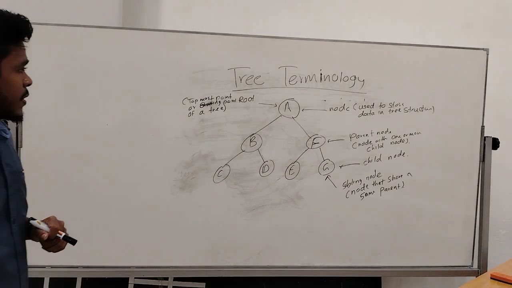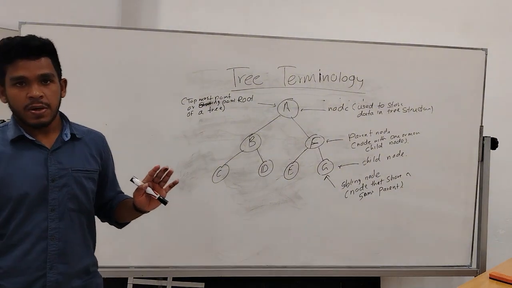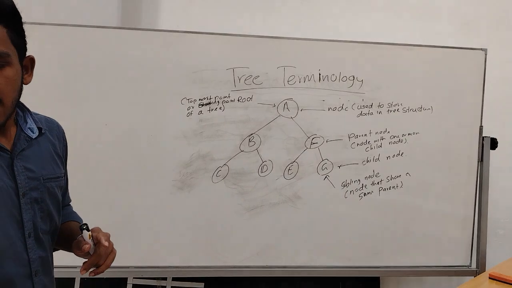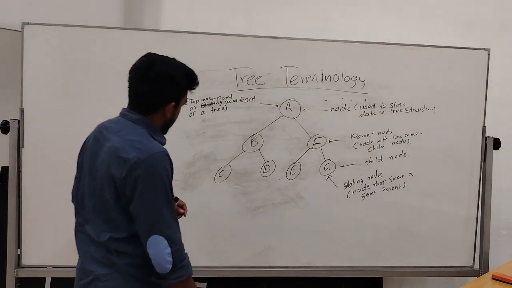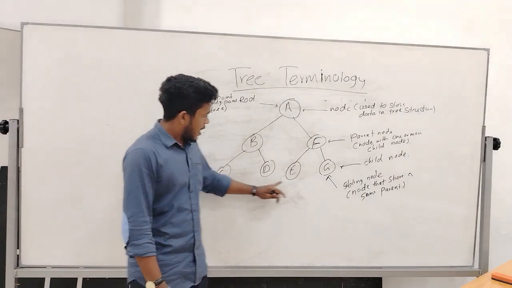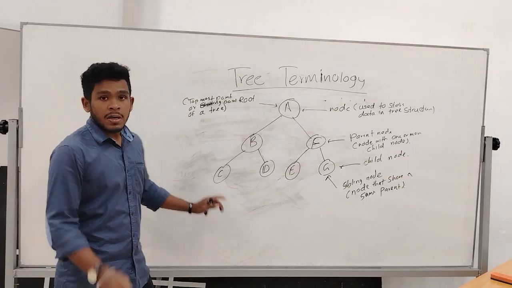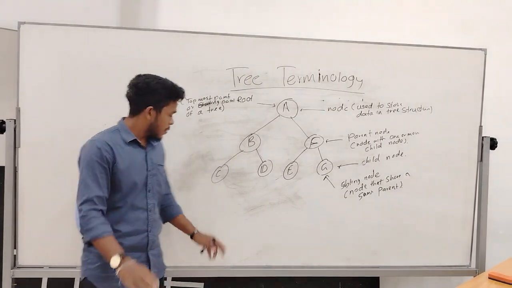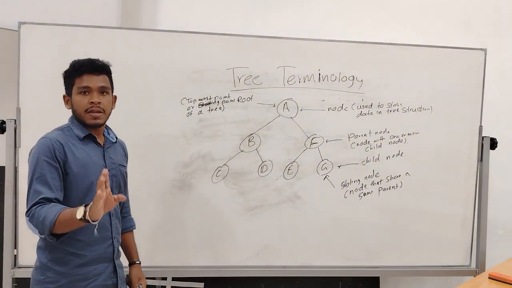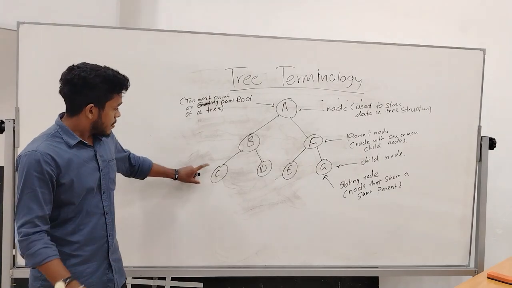So I think you have got a basic idea of the structure of the tree and the main parts of the tree. And additionally, these are nodes with no child nodes. Nodes without child nodes are called leaf nodes.